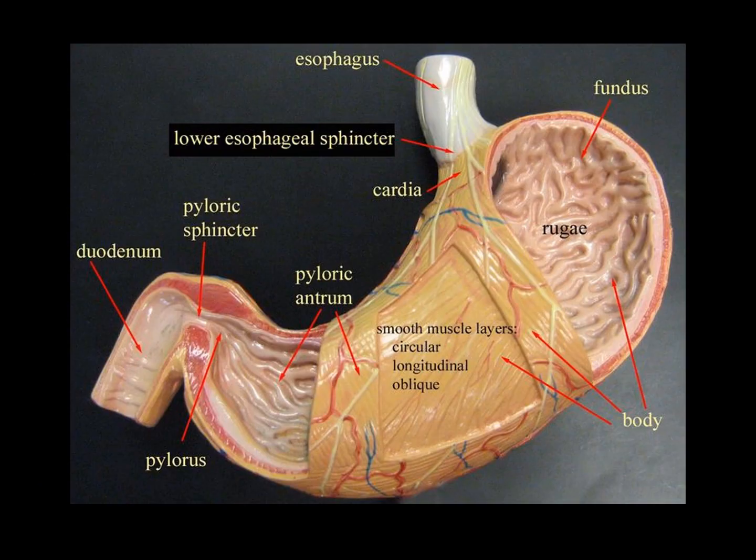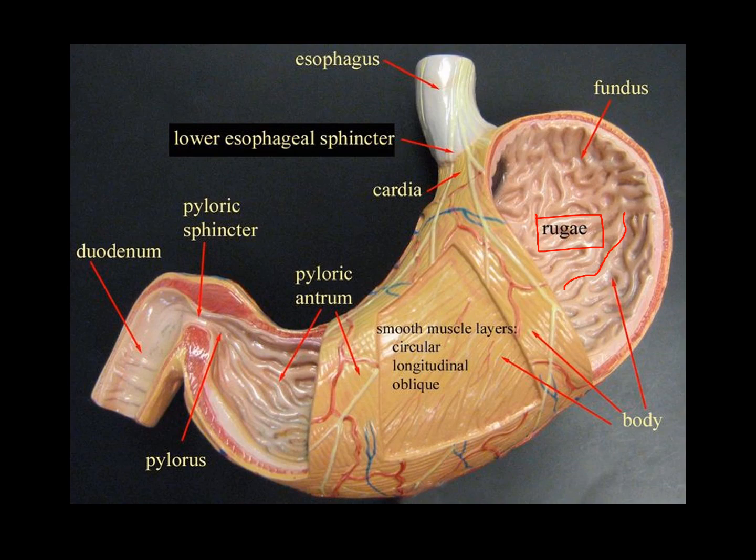So here's just another model of the stomach, but one thing we did forget to talk about on the last slide was the rugae. The rugae are those folds, so you notice how the inside of the stomach is not smooth, it has all these little worm-like structures, and that's depicting those folds. So essentially it can expand quite hugely after large meals.